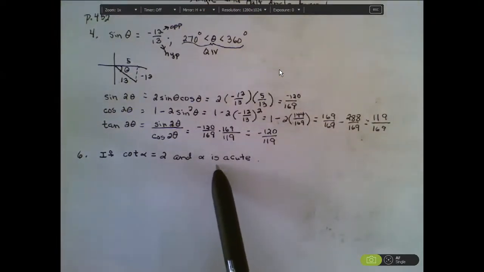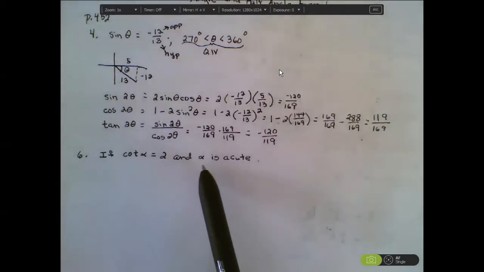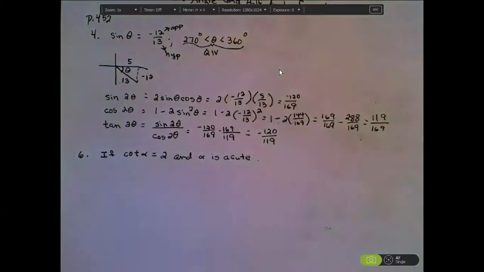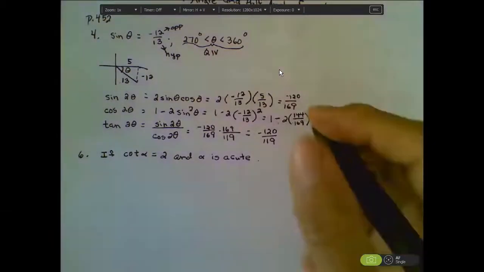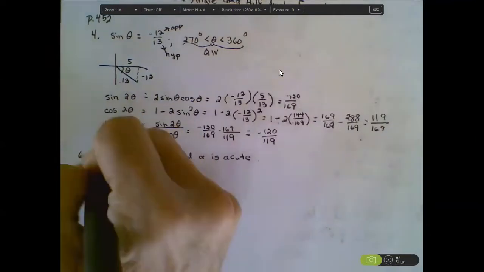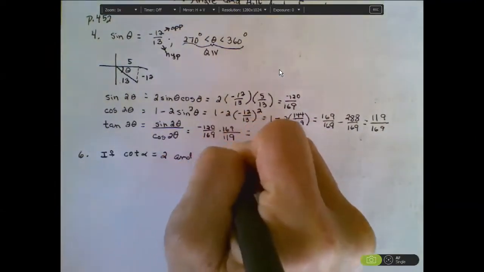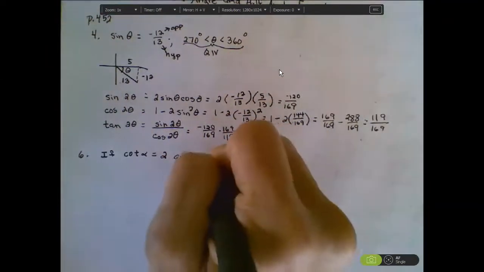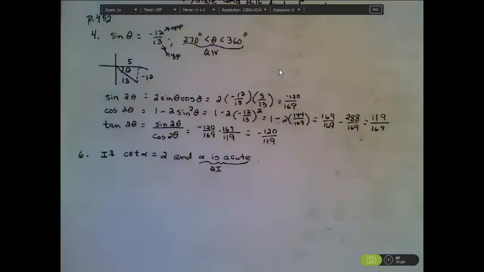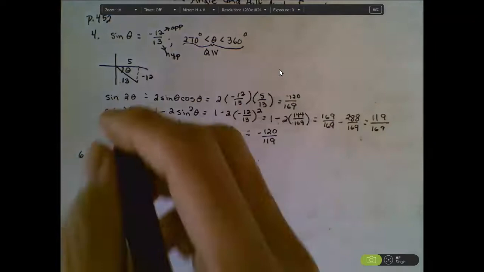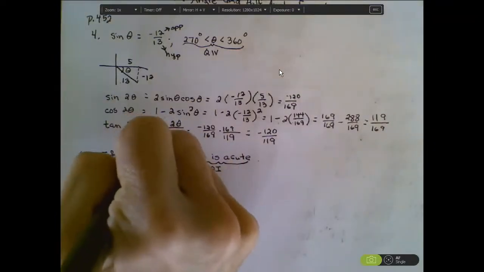If theta is acute, in what quadrant does, that's not theta, alpha. If alpha is acute, in what quadrant does alpha lie? One. So both the x and the y are positive. If cotangent is 2, what's tangent?